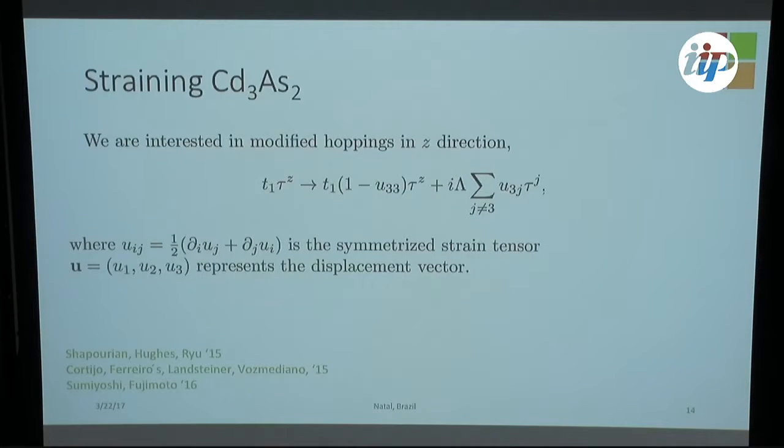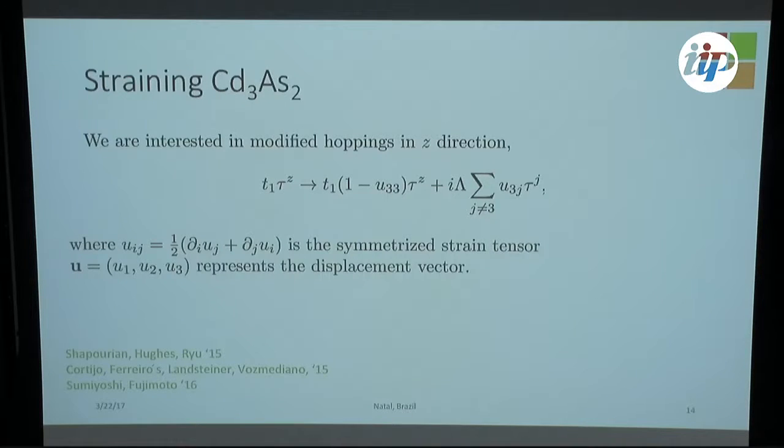You change this hopping, and then you add hoppings between s and p. This change is written through the symmetrized strain tensor.